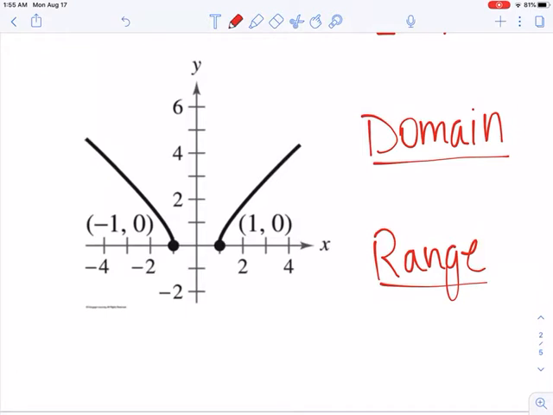Turn to a neighbor and discuss what you think the domain and range are and how you would write it.